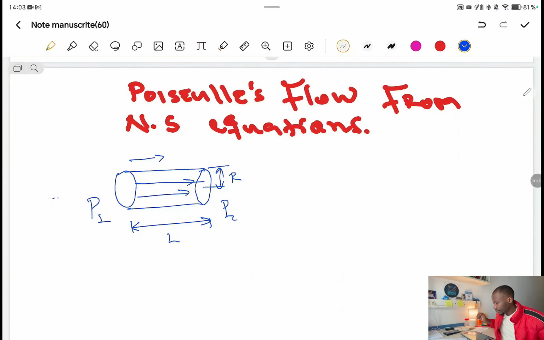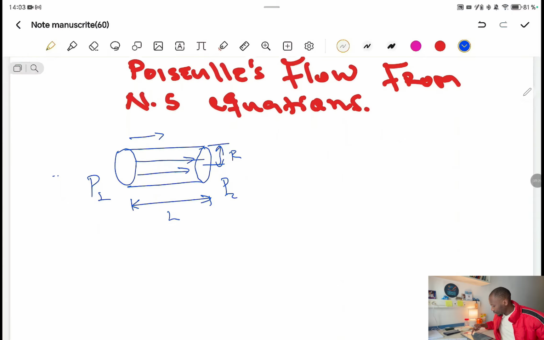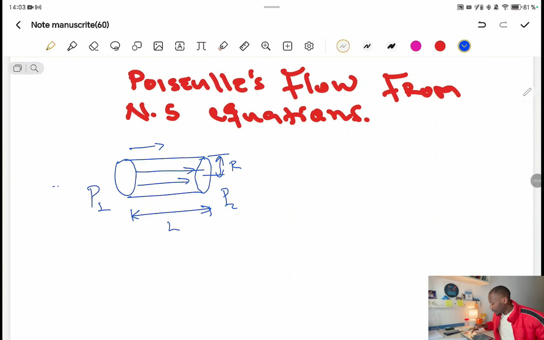First of all, we have to understand the principle behind flowing in a cylinder. Let's say the flow is just like this. That's a cylinder, and there's the flow. How will the speed profile behave in this case?